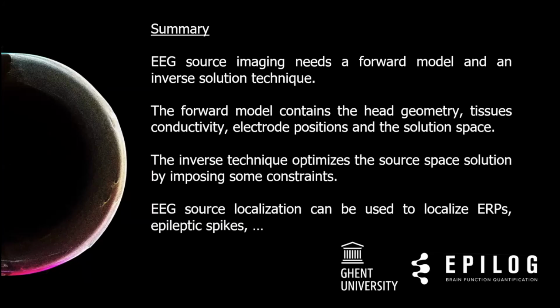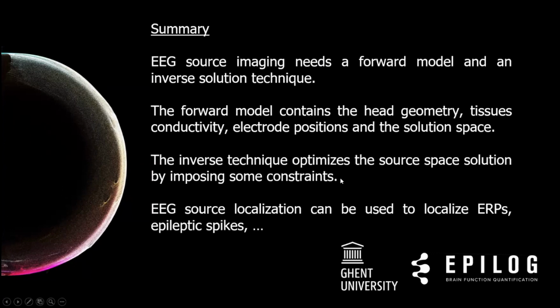So in summary, EEG source imaging needs a forward model and an inverse solution technique. The forward model you can make very complicated or as easy as you want. You can make a spherical head model, which is easy, or a more realistic head model that contains the head geometry, tissue conductivity, electrode positions, and of course the solution space, the gray matter.